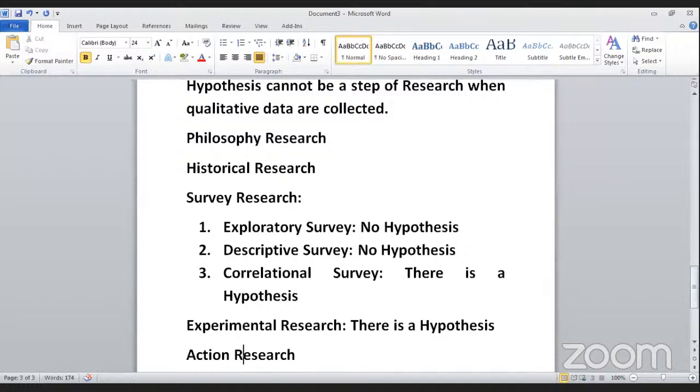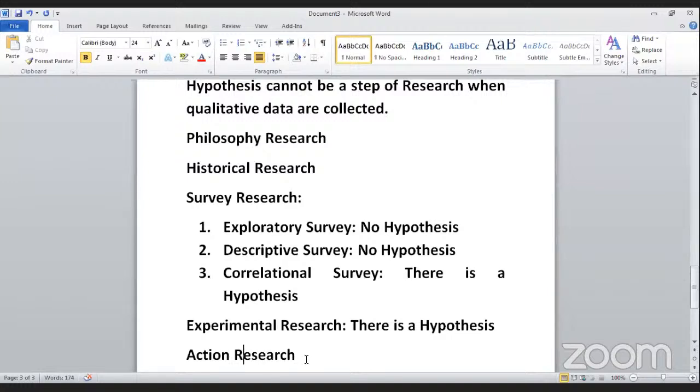The findings of the experimental research can be used to generalize. I repeat, the findings of the experimental research can be used to generalize the findings, but the findings from the action research cannot be used to generalize because they are very, very, very specific.